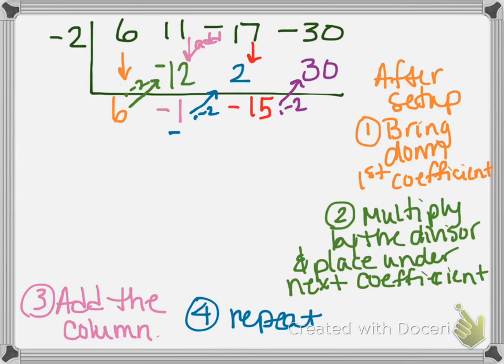And we add -30 plus 30, and there's our 0. So here's the remainder. And here is our answer.